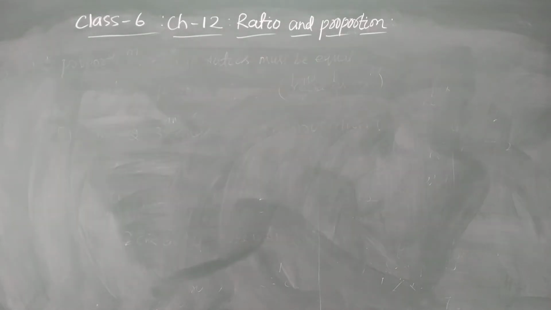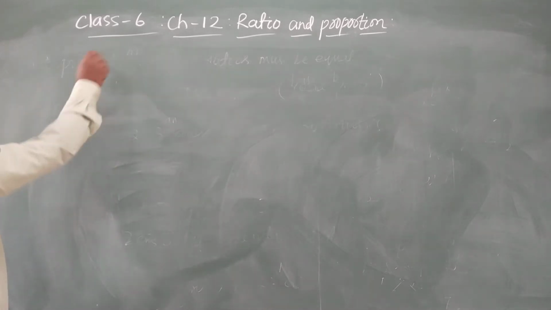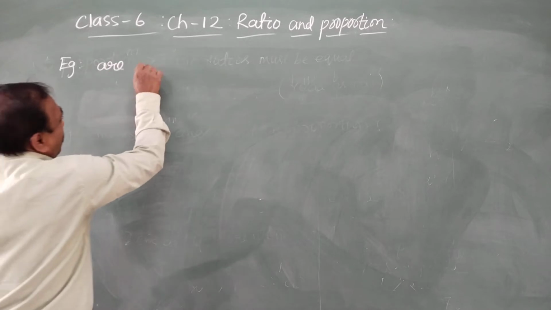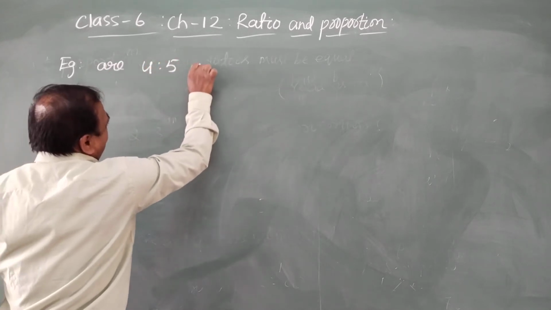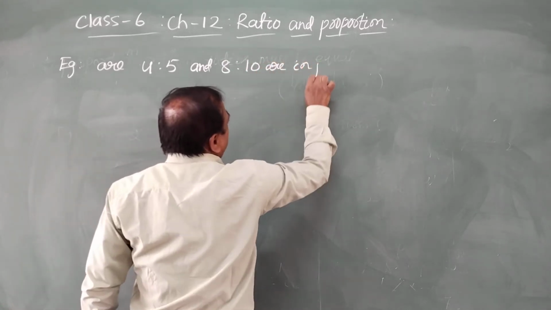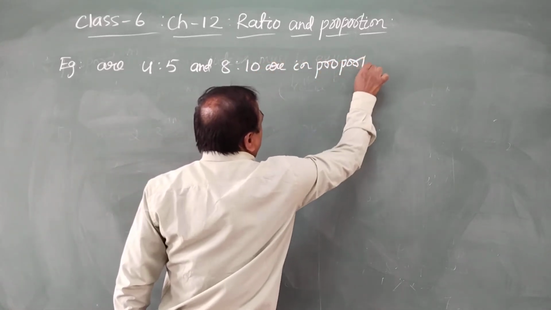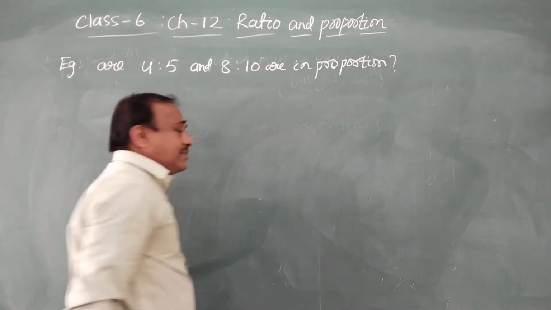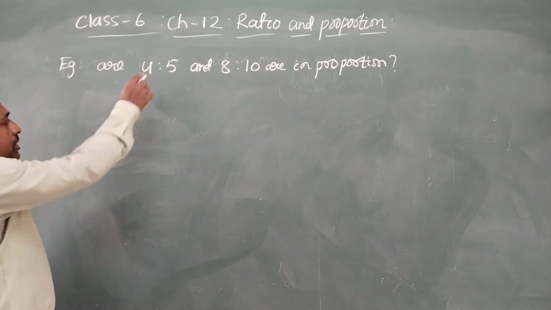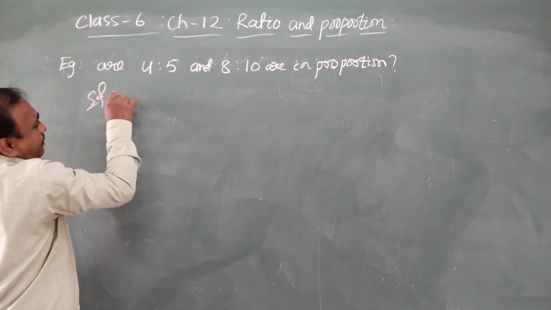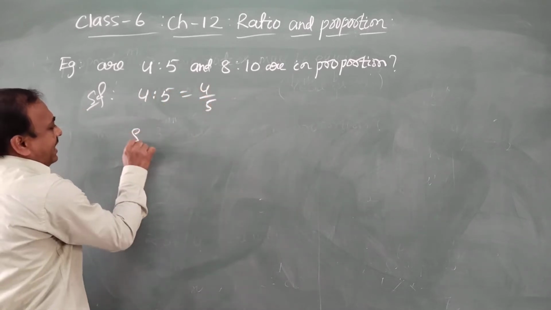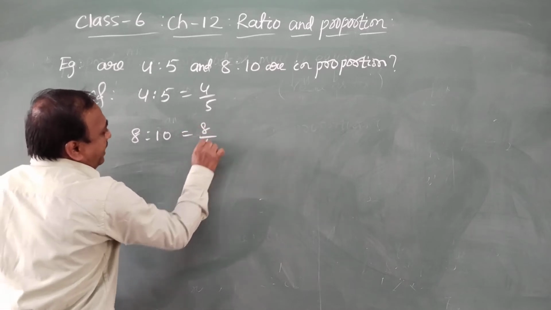Let us see one more example, whether the terms are in proportion or not. Are 4:5 and 8:10 in proportion? Proportion means the ratios must be equal. The first one, 4:5, can be written as 4/5. The second one, 8:10, can be written as 8/10.